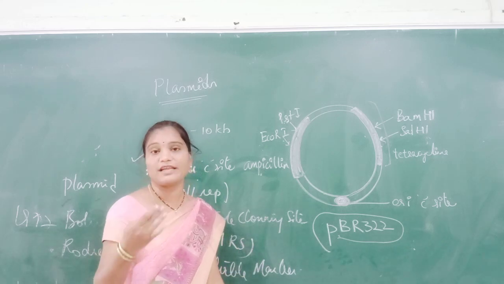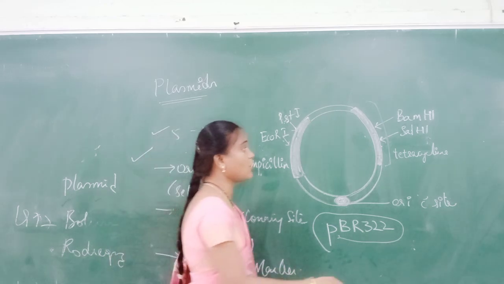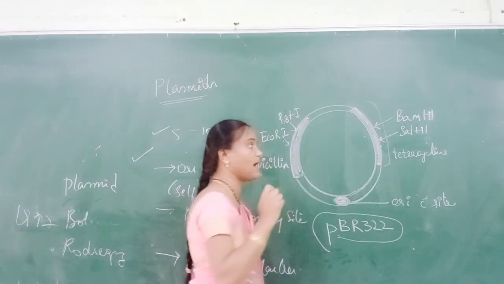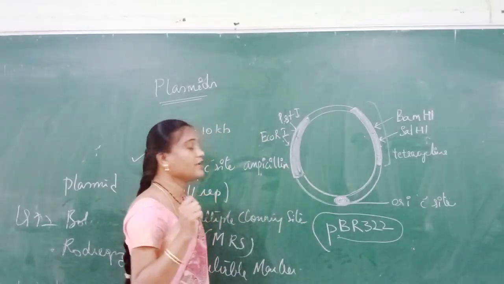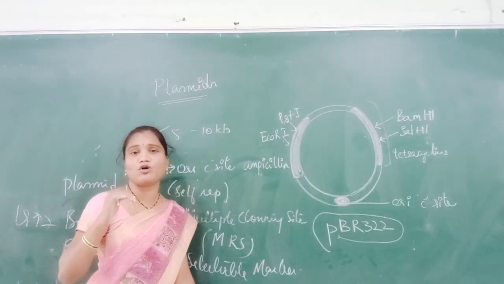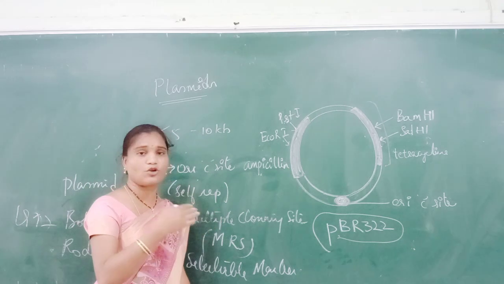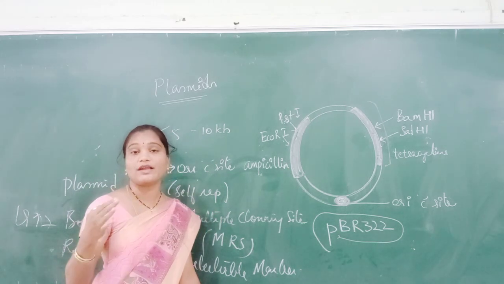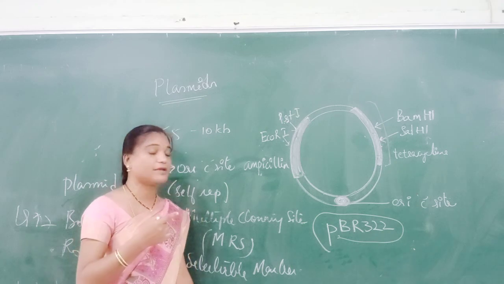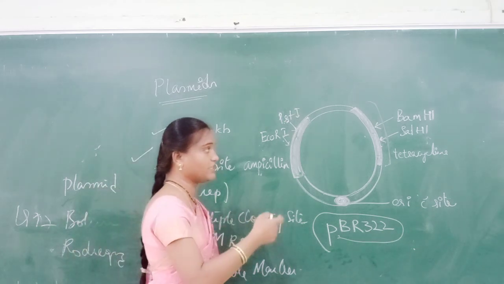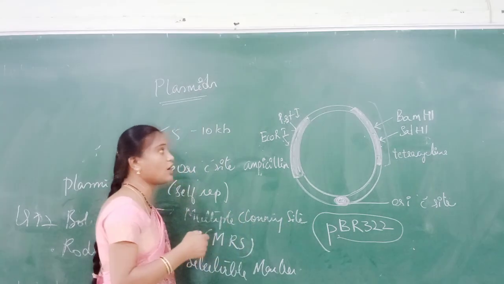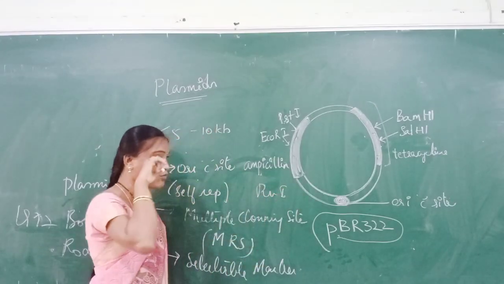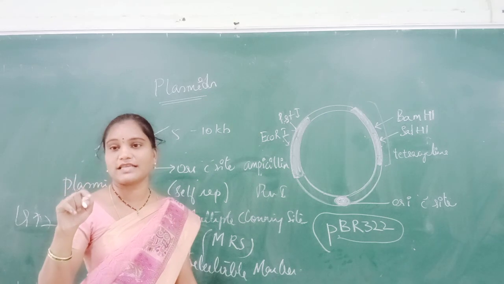It has restriction sites for BamHI, SalI, EcoRI and PstI, and not just these four, around 12 restriction sites are present in your pBR322, like BamHI, SalI, EcoRI, PstI, PvuII and HindIII.